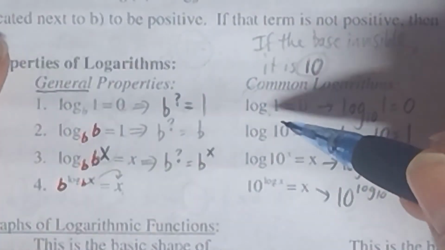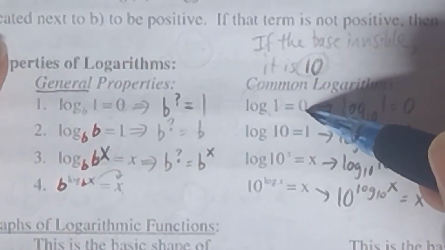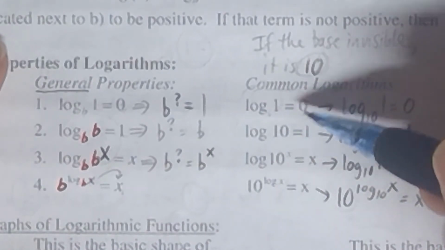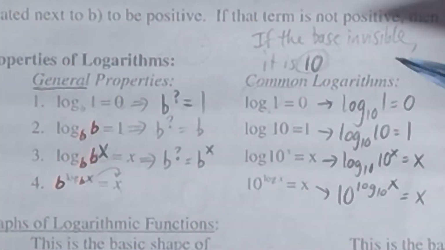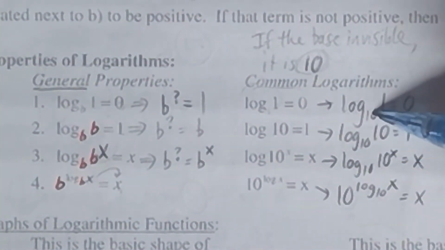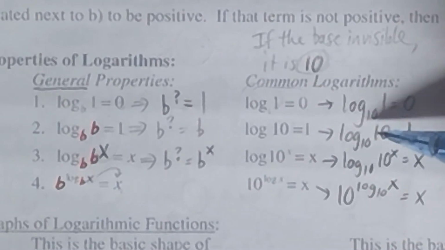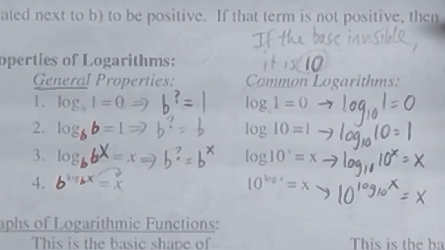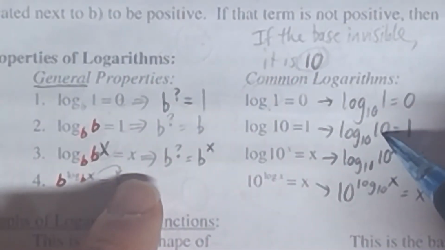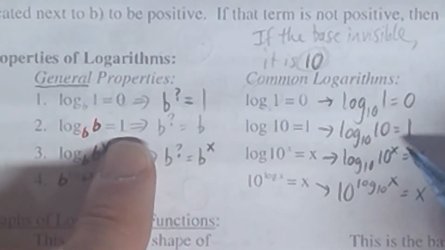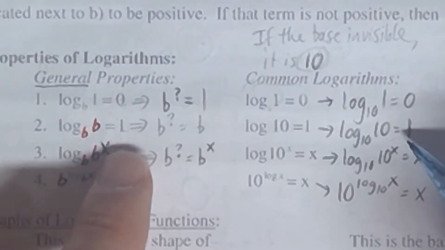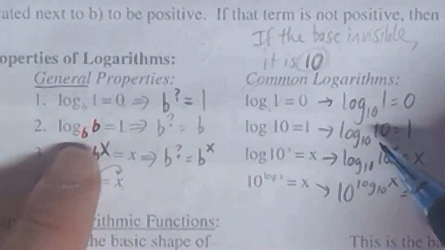Notice that we have a product term of 1, so it's going to be 0, no matter what the base is. You don't have to write this down as long as you know that it's 10, but if you write the 10 in there, which is also okay, you can make the 10 visible if you want. See how the 10 and the 10 are the same? And we learned over here that when the 10 and the 10 are the same, it's equal to 1. So again, it's saying the same thing that this says.